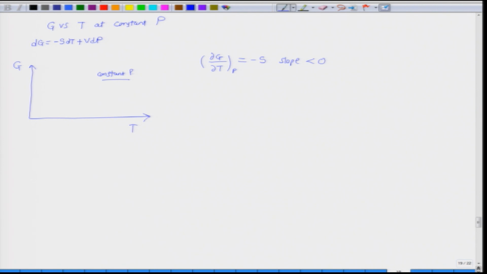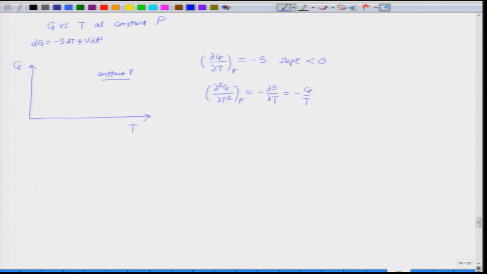Now, what will be the curvature? Curvature is the second derivative, so that is basically dou S by dou T negative, and what is dou S by dou T? Minus Cp by T. Again Cp is positive, T is positive always. We are considering, remember, the temperature in Kelvin, the thermodynamic temperature scale.